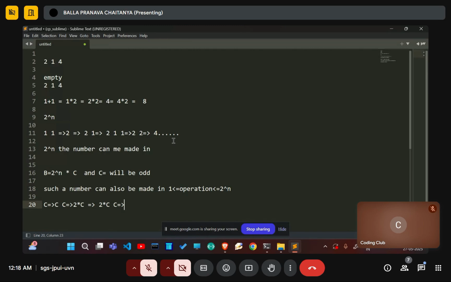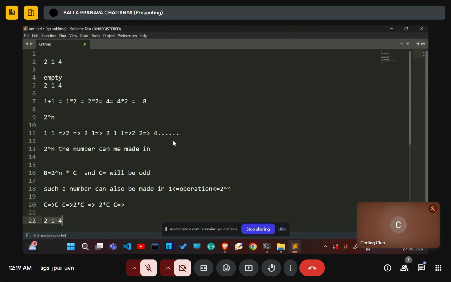But there are a few edge cases here. Suppose we have to make some sequence of numbers like 2 1 4. We can either start from 2 and go building from left to right, or we can start from the ending, from 4, and go right to left.